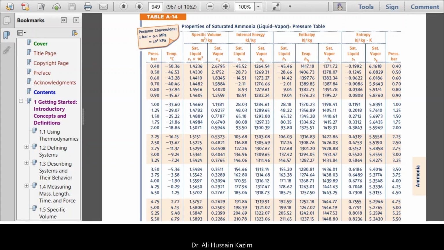The coordinates of the critical point can be found from table A1.